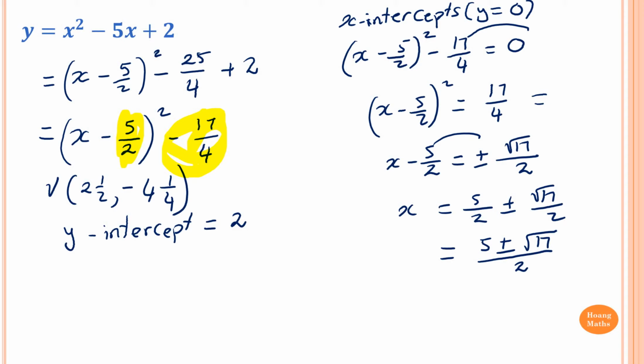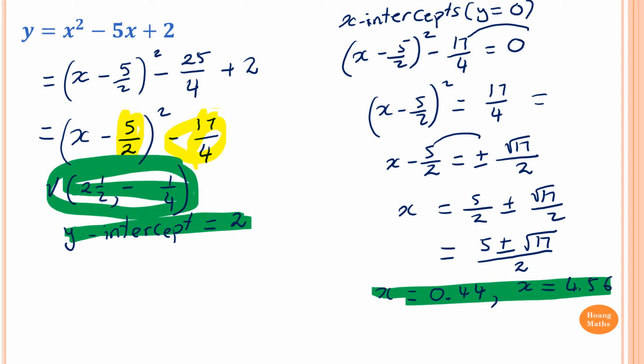One is plus, the other one is minus. So x equals 5 minus square root of 17 over 2, which gives me 0.44 from a calculator. And x equals 5 plus square root of 17 divided by 2, I just put in the calculator, gives me 4.56.